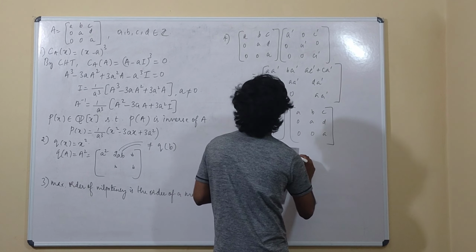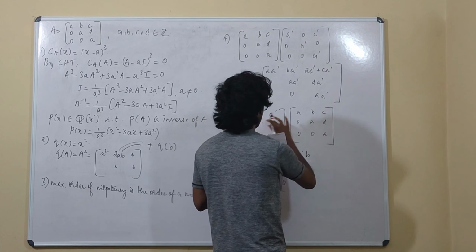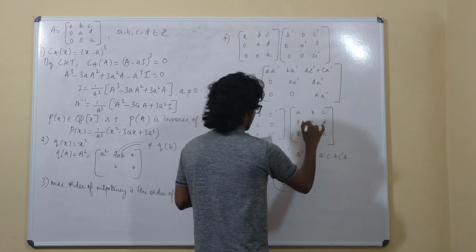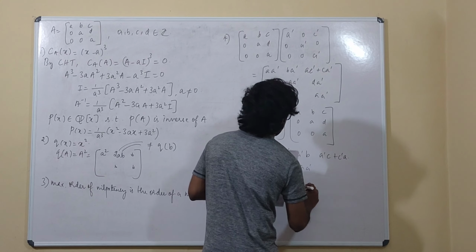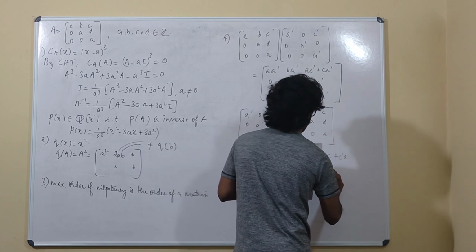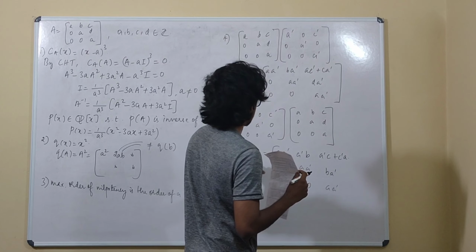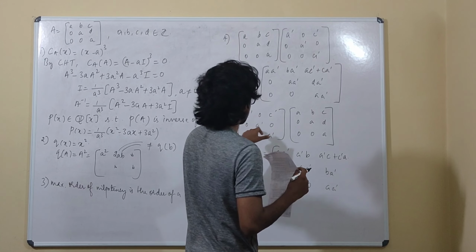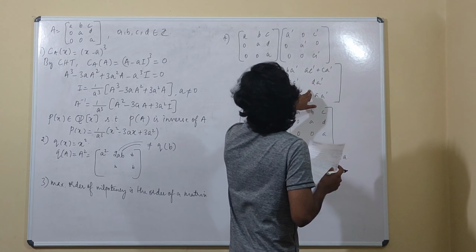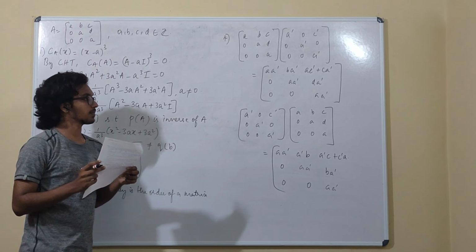And this is A prime B, and this is A prime C plus C prime A, and this is again A prime, this is 0, and again this is A prime, and this would give us B A prime. Right? So yeah, only this is different. Am I right? So option D cannot be true in this case.